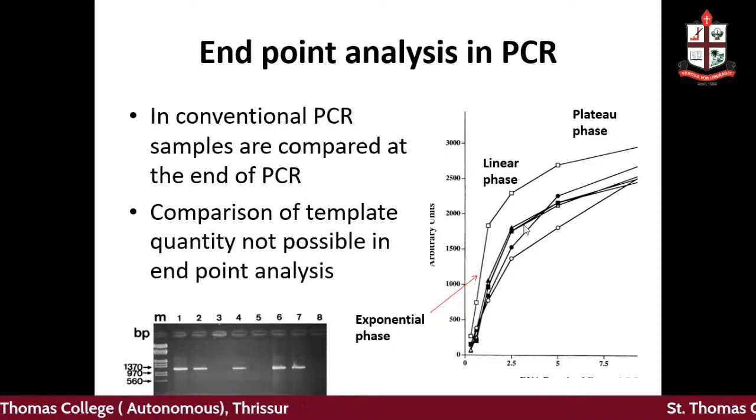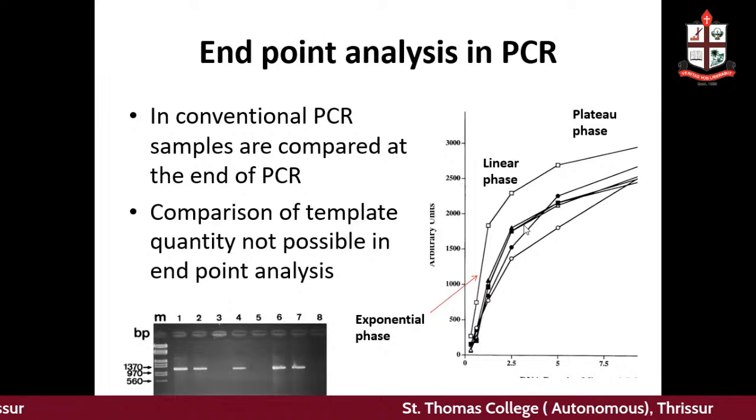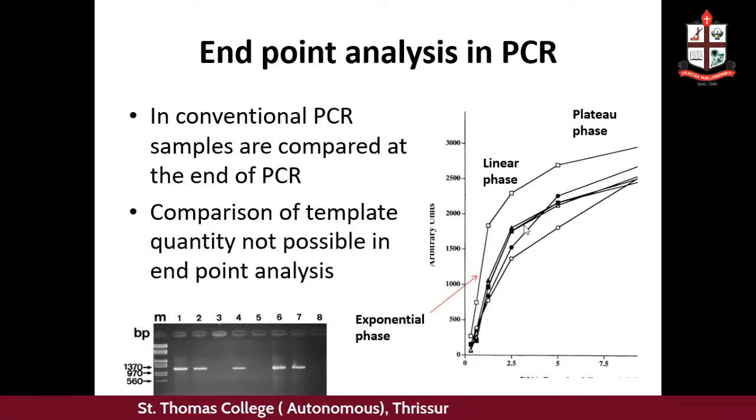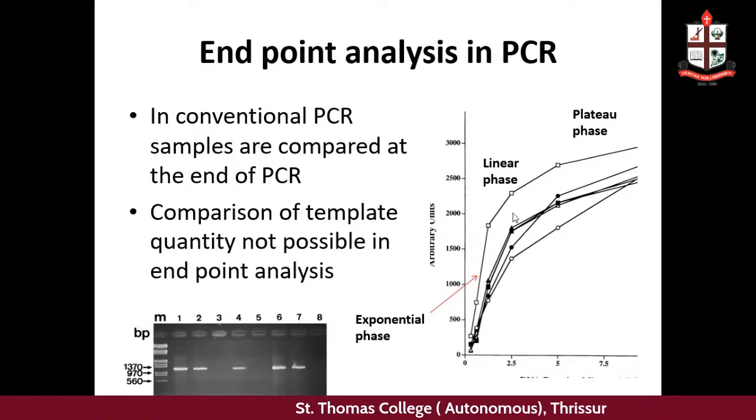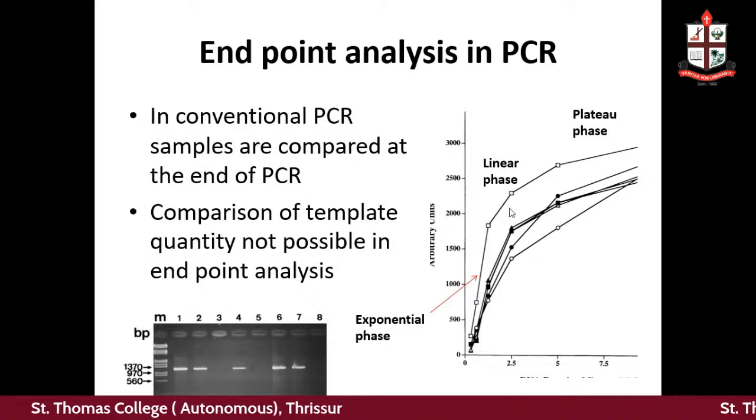The depletion of those reagents also happens in an exponential manner, because they are being used in an exponential manner. So as the PCR product increases exponentially, the reagents also get depleted exponentially. As the reagents get depleted, the PCR reaction slows down. That's why we see a linear phase here.